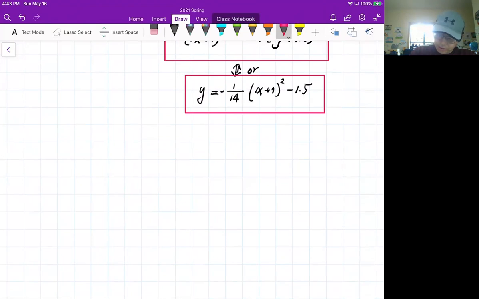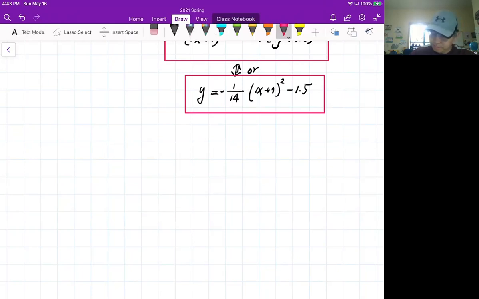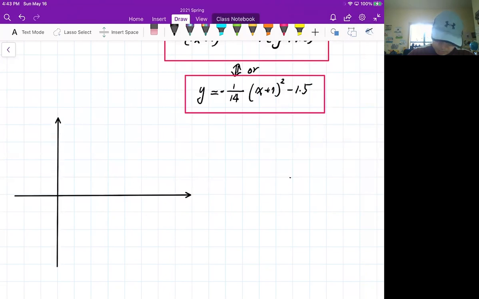So assume that you have the following, where the parabola goes this way.